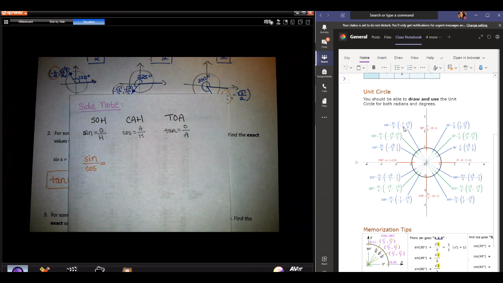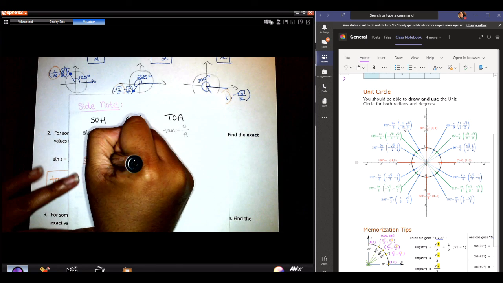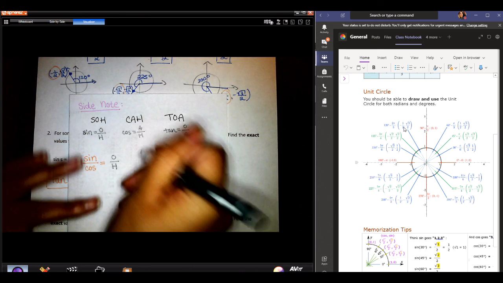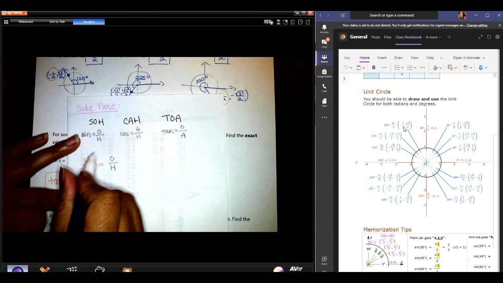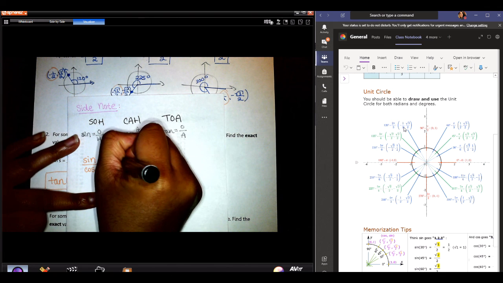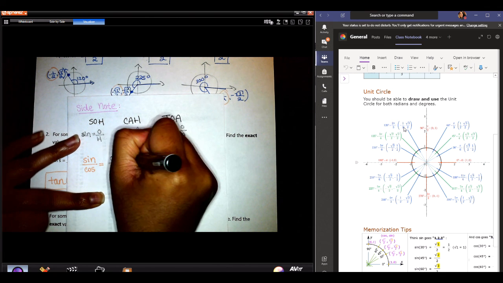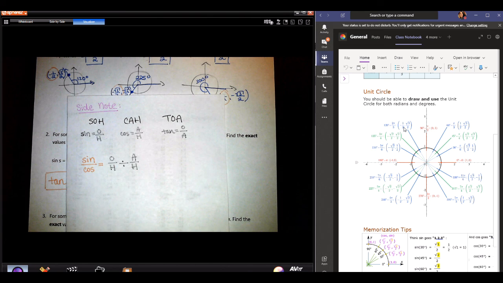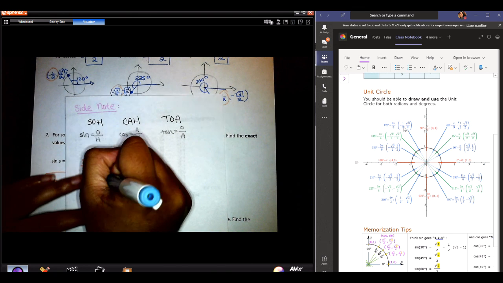If we did sine divided by cosine as a fraction, and plugged in our values, we have opposite over hypotenuse, and then we're going to divide by cosine, so divided by adjacent over hypotenuse. Now this should be review. What are we going to do when we divide by a fraction?